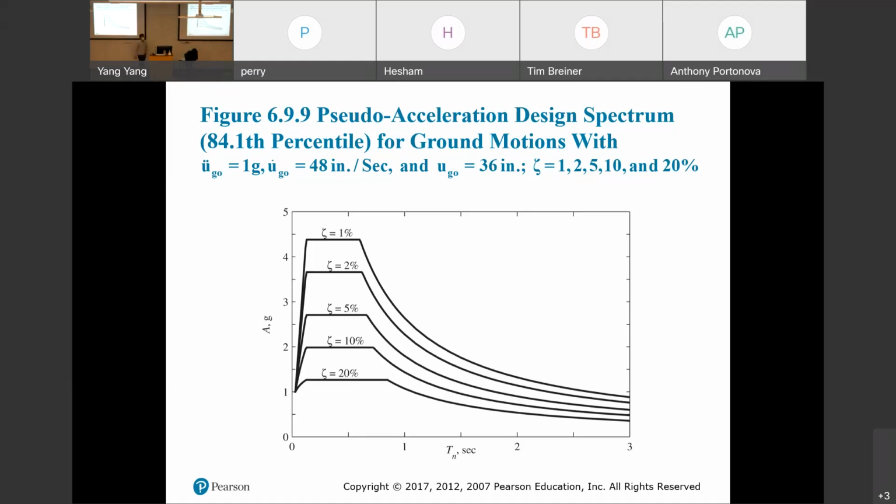It is the envelope of all the earthquake records for a given site and a given soil type. So when you do design, you should be able to figure out the maximum equivalent static force you need to consider here.